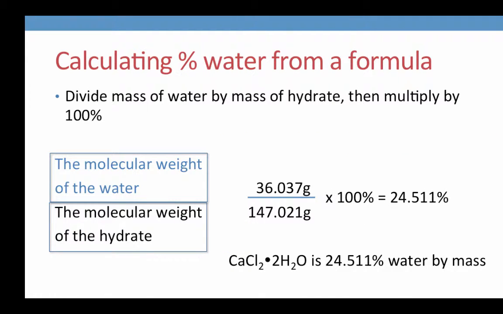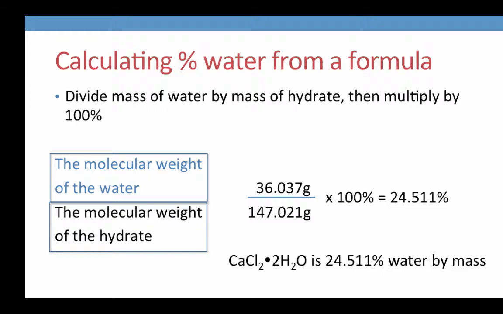We now take the ratio of the molecular weight of the water over the molecular weight of the hydrate and multiply by 100 to give an expression in percent. 36.037 divided by 147.021 times 100% yields 24.511%. Therefore, calcium chloride dihydrate is 24.511% water by mass.